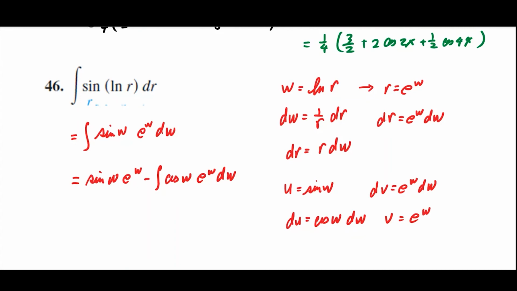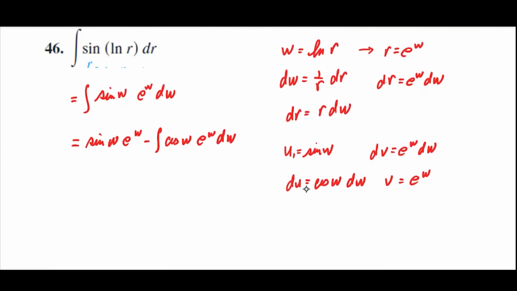So far with me? Round 2. So this is 1, 1, 1. And then my u now is negative cosine w. I want to throw that negative sign over to the u side, like I always do. And dv is equal to e to the w dw.